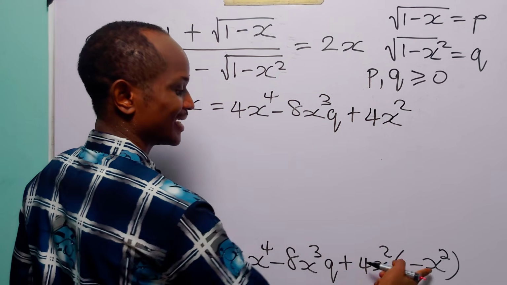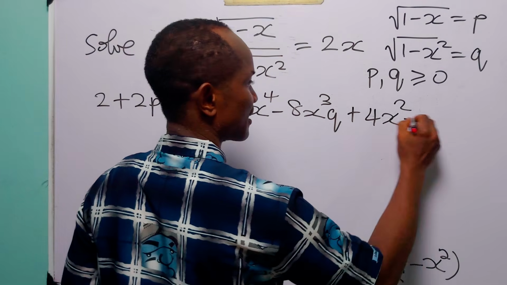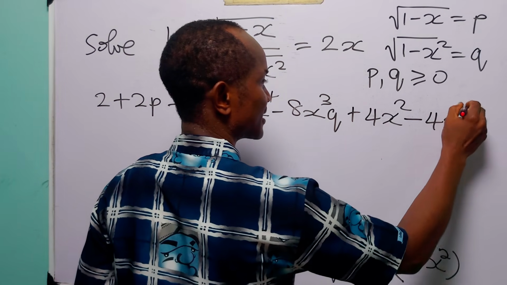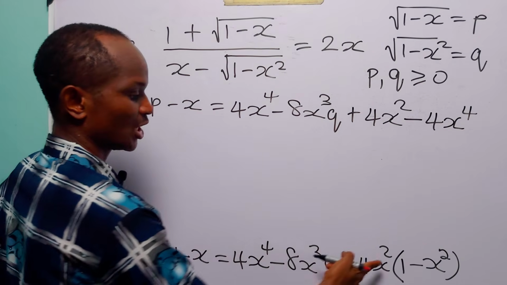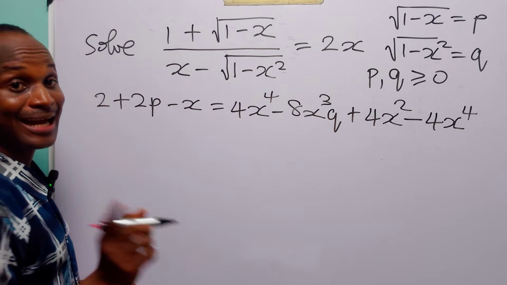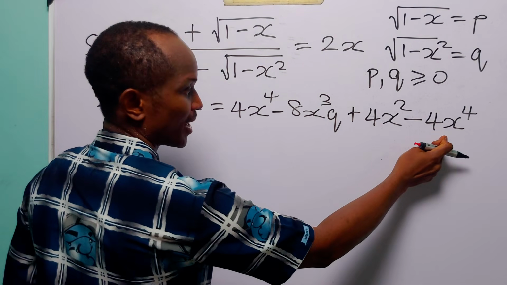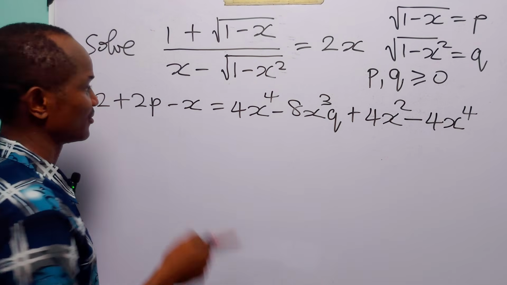And 4x squared times minus x squared is going to give us minus 4x to the power 4. Now, notice that 4x to the power 4 minus 4x to the power 4 is equal to 0.